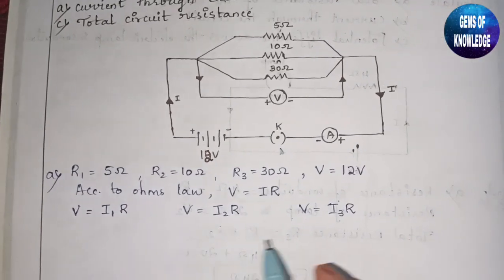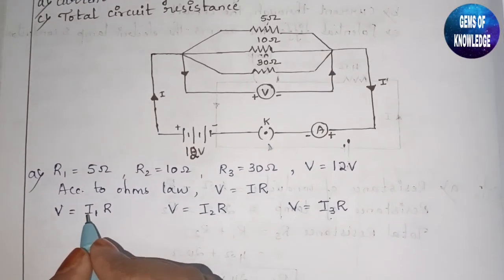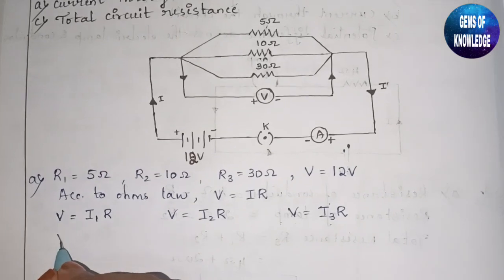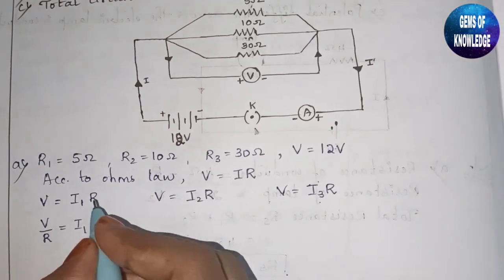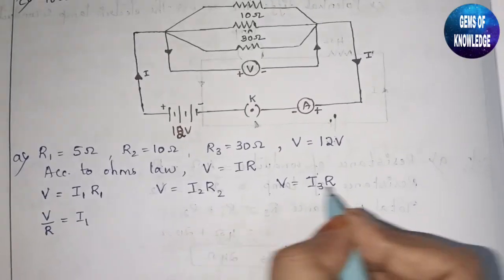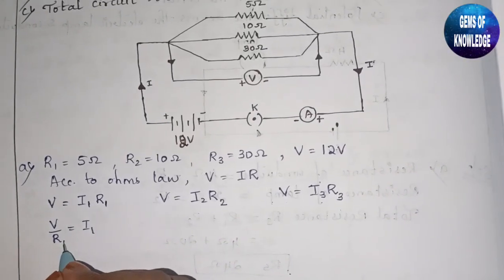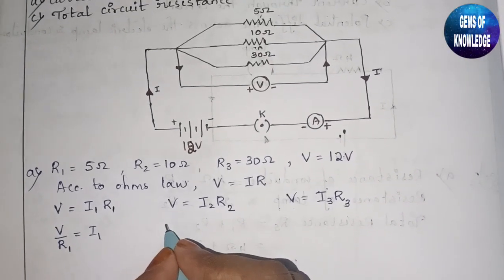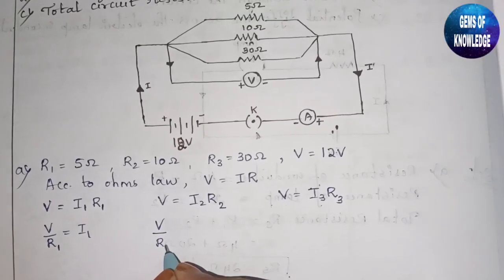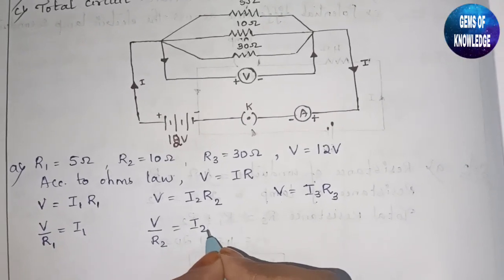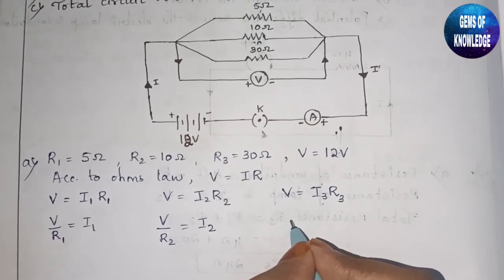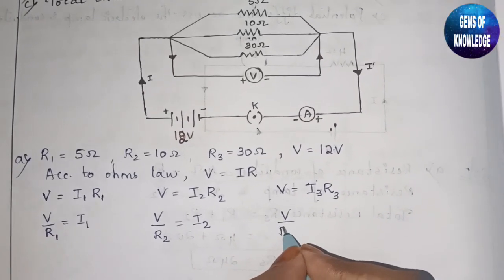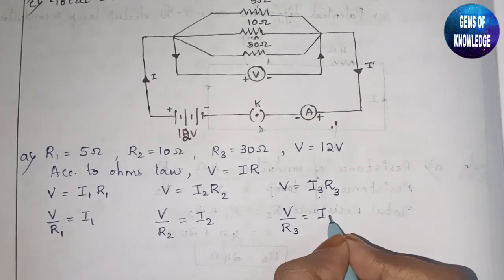Just see, when you bring R to this side, it will become V by R is equal to I1. Let us make this R1, R2 and R3 so that we can differentiate. Next, this will become V by R2 is equal to I2. If you bring this to this side, it will become divided by. Next, V by R3 is equal to I3.